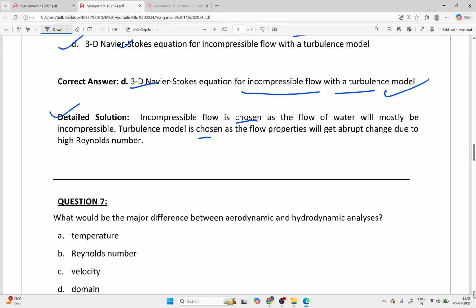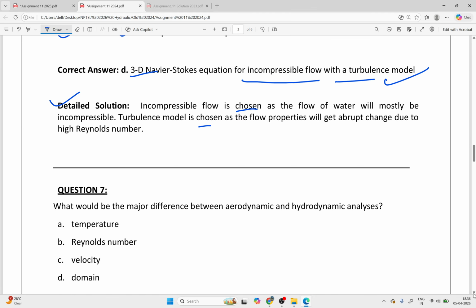Question number 7. What would be the major difference between aerodynamic and hydrodynamic analysis? So here also very important things. Now this question is from your applications. In aerodynamic and hydrodynamic, the difference is for temperature, Reynolds number, velocity, domain.